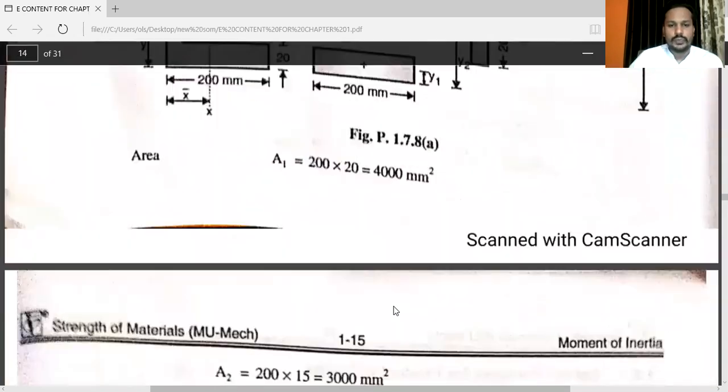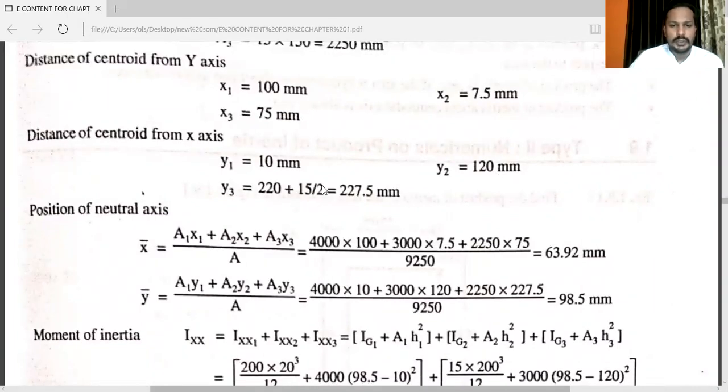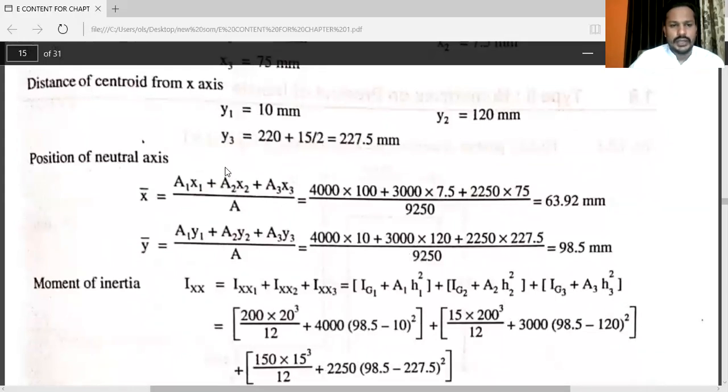So y1 will be 10 mm, y2 will be 120 mm, and y3 will be 220 plus 15 by 2, that is 227.5 mm. So now we have all the areas. We have a distance of centroid from y-axis. We have the distances of a centroid from x-axis for each and every rectangle. So here, to calculate position of neutral axis means to calculate the exact location of centroid point.